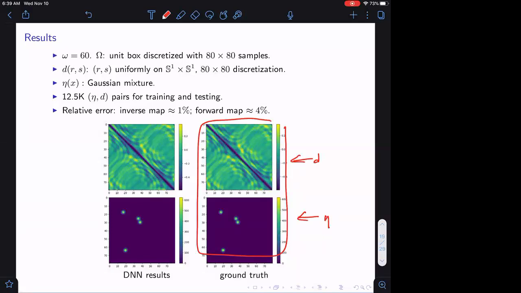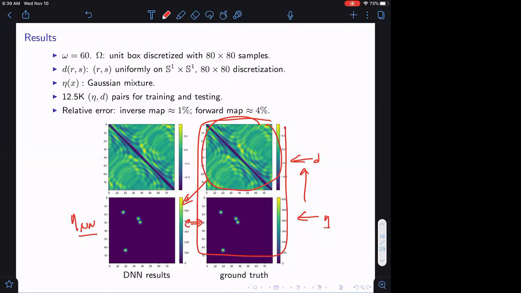In the testing stage, I give the neural network the ground truth D, and the network I trained will try to infer what the media eta is. This is eta n, obtained by the neural network, and then I compare this eta n with the ground truth eta that I used to generate this data D. This is how I do the comparison.